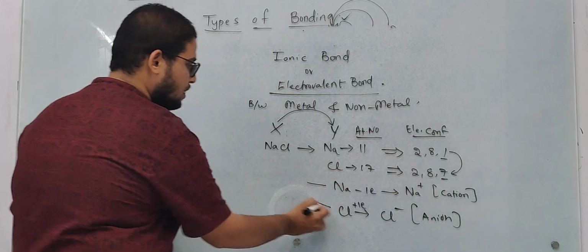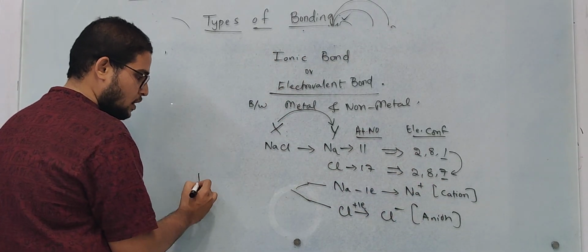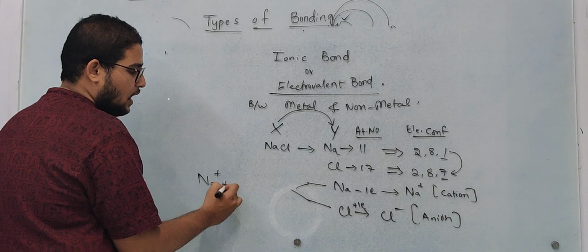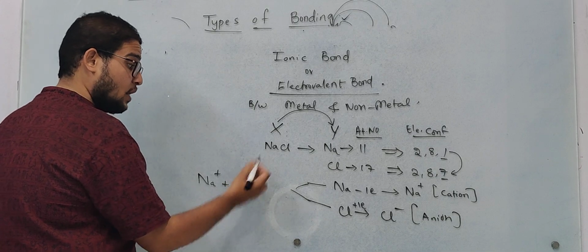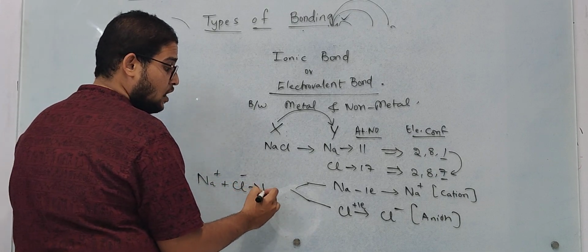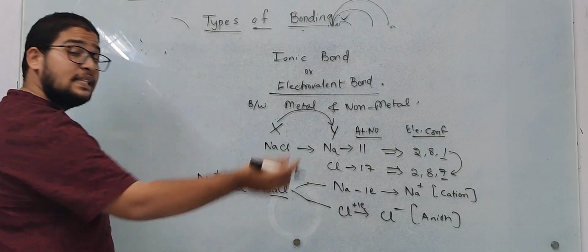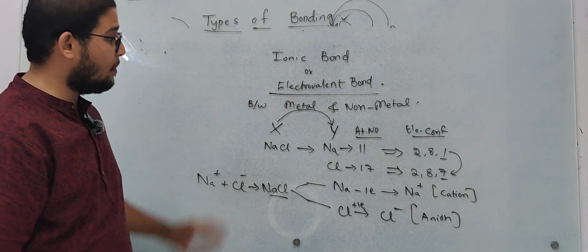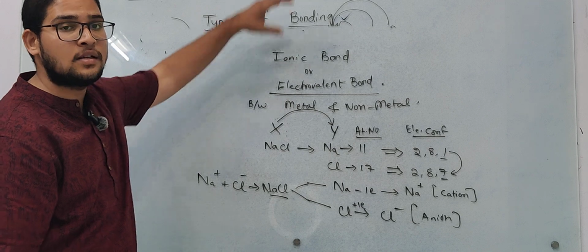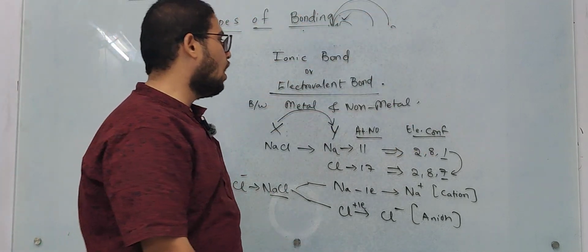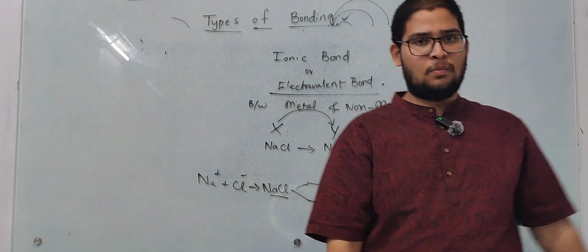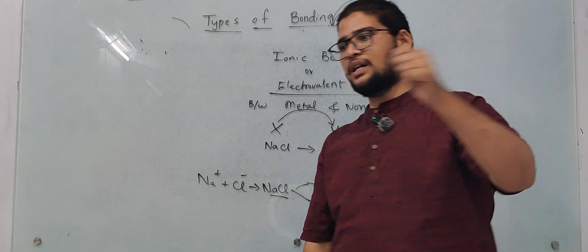Now both of these ions, the sodium cation and the chlorine anion, will combine to form sodium chloride. The bond that exists in this type of compound formation, we call ionic bonding or electrovalent bonding. Along with that, you need to study one thing.